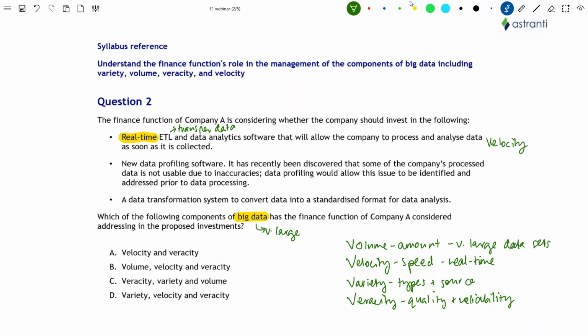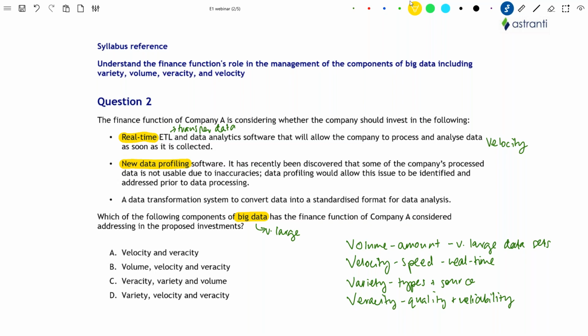Okay, our second scenario is new data profiling software. It's been recently discovered that some of the company's processed data is not usable due to inaccuracies, and data profiling would allow this issue to be identified and addressed prior to data processing. So data profiling, this term here, is carried out as part of the data transfer process, part of that ETL system that we talked about just before.